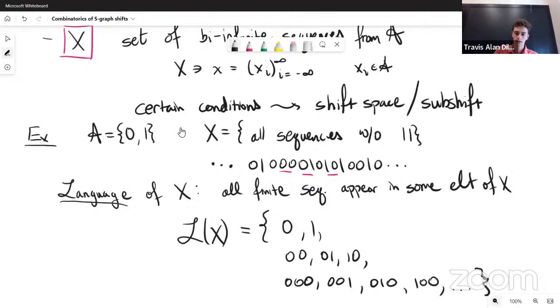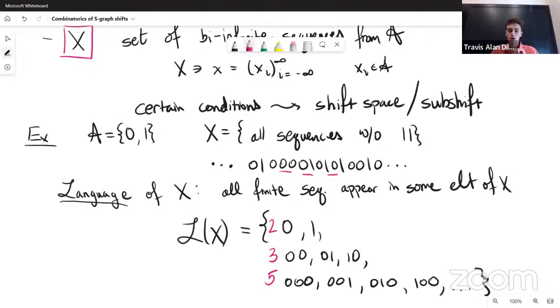And one thing that it turns out is that the language will define the shift space when it satisfies these dynamical conditions. And so studying the language and studying the space can be a very useful back and forth. In this case, we can stratify the language, as I already did, by the length of the words and count them. So there are 2 words in the language of length 1, 3 words of length 2, 5 words of length 3, and so on.